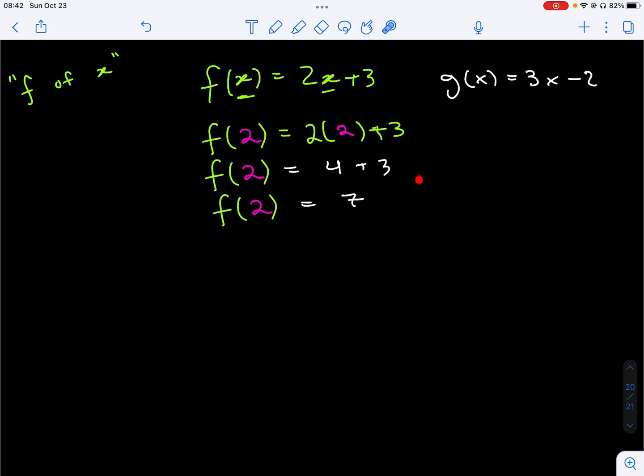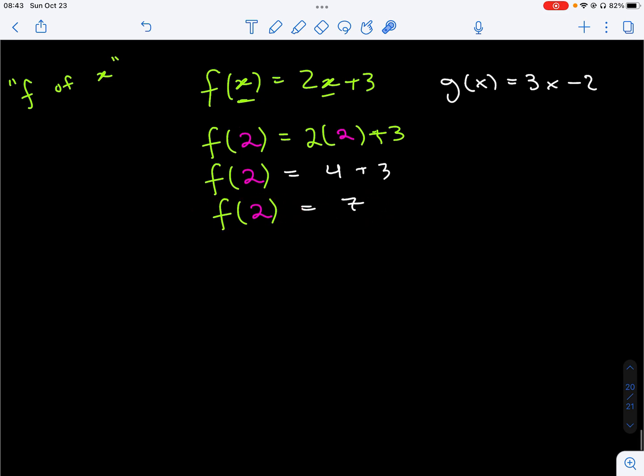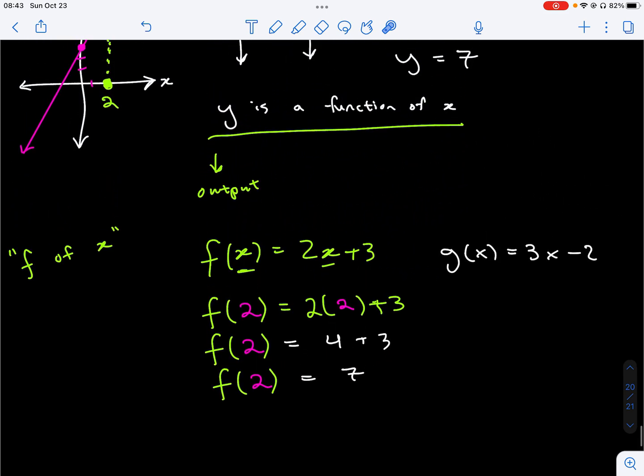Each step is what happens when you plug in 2 to the function f. You keep track that if you plug in 2 as your input to the function f, you will get an output of 7. Notice again, this whole thing is the output of this equation when you plug in 2.